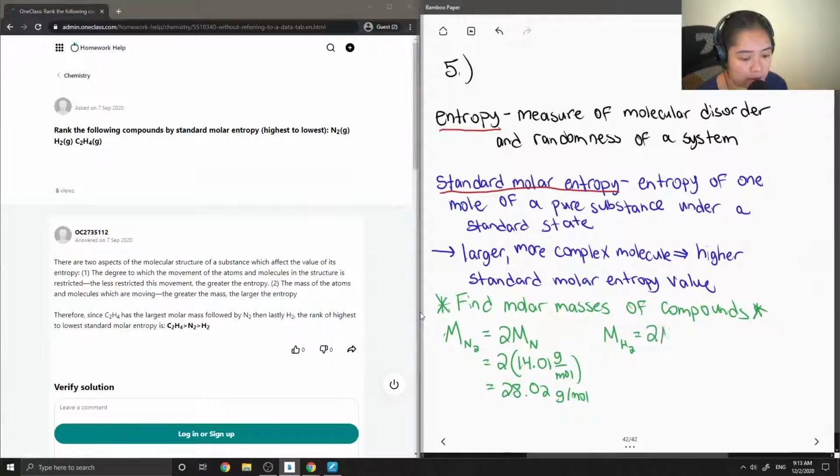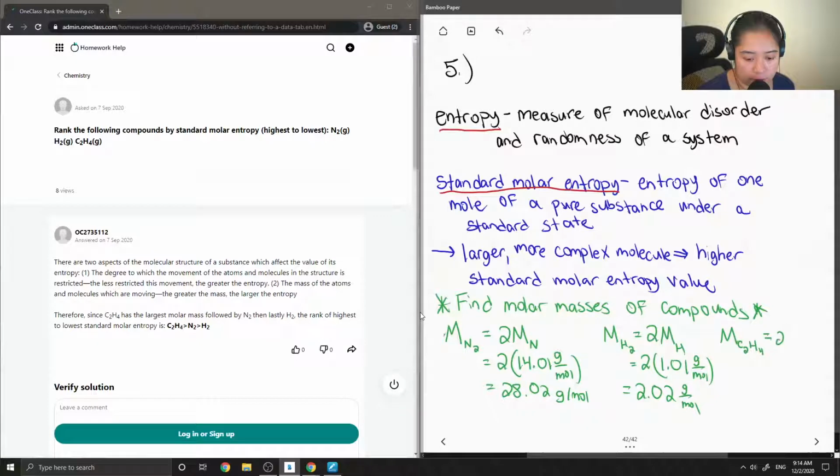So this is equal to 2 times the molar mass of hydrogen. And hydrogen is the lightest element, and it has a molar mass of 1.01 grams per mole. So its total molar mass is 2.02 grams per mole. And then lastly, we have the bigger compound C2H4, which is ethylene, I believe.